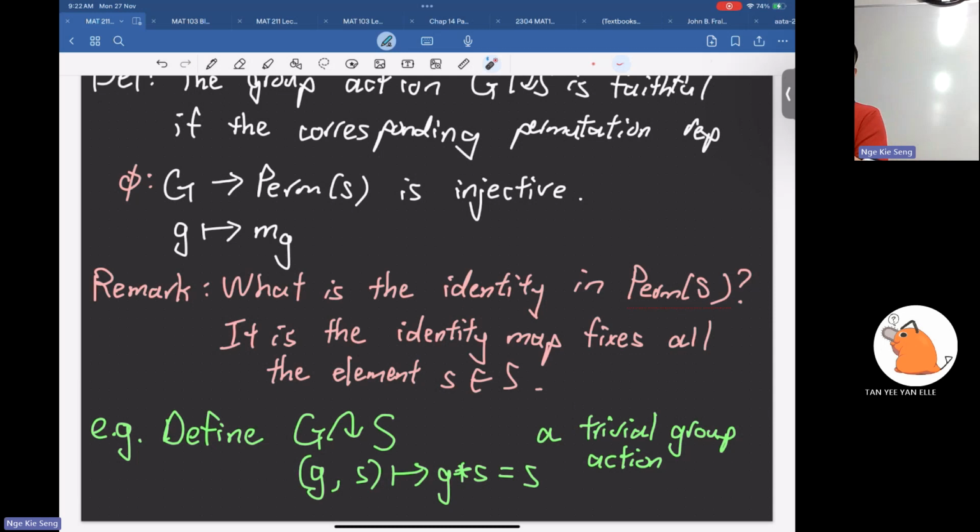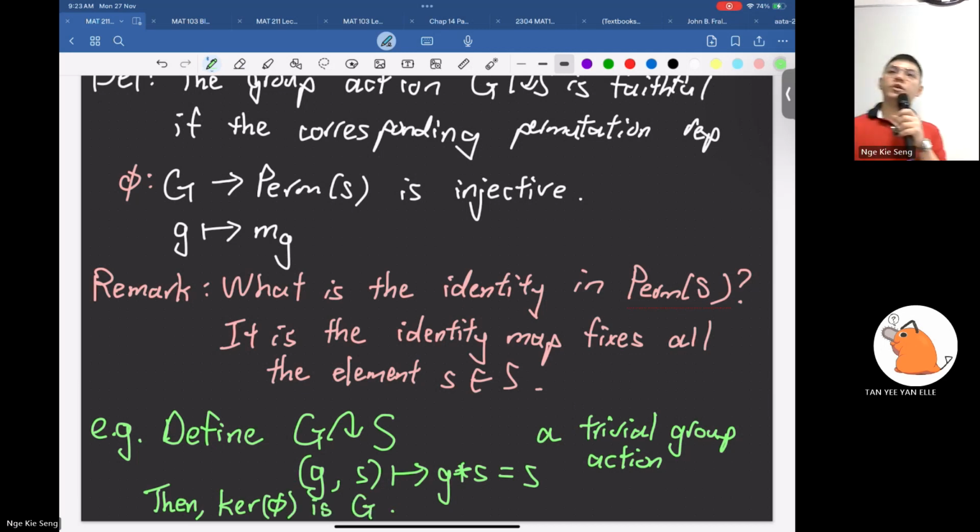If I do this, it means the identity fixes the object, rotation fixes the object, reflection also fixes the object. This depends on how I define it. So the group action depends on how we define the action on the set X. Then the kernel of this phi is the whole group, because everything in my group acts trivially.